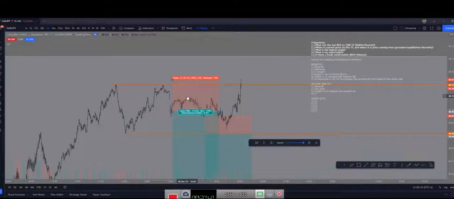Where will you put the stop loss on this guy? On this trade, where will you put the stop loss? Oh, sell stop at the bottom of the range.